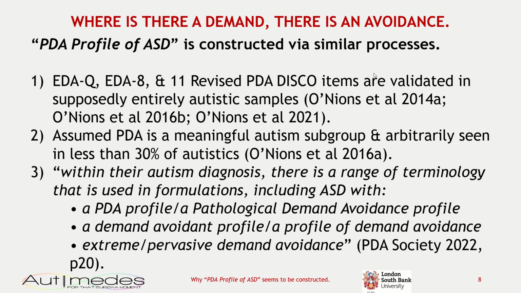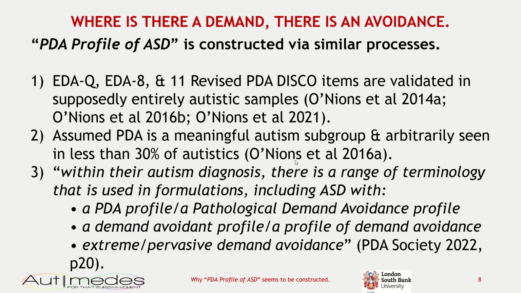These are all meant to be validated, I suppose, in tiny autistic samples. Anyone familiar with my previous video will note that I would say there are at least some non-autistic people in the NAQ initial validation study and the 11 revised PDA DISCO item study, but moving on.